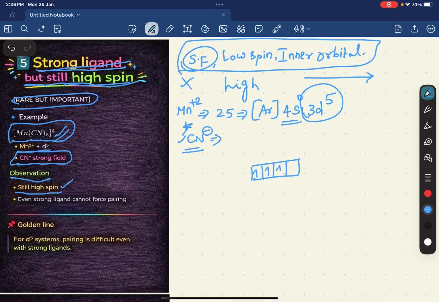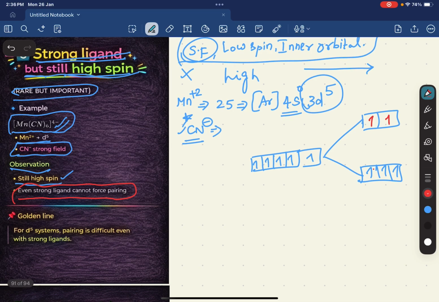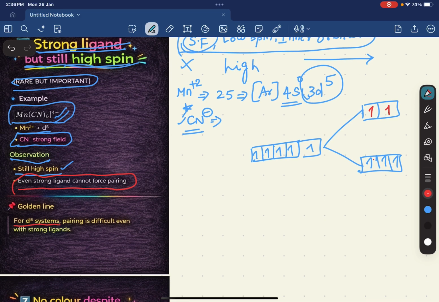So how do the 5 electrons go from the normal degenerate state after splitting? Coordination number 6, so t2g will be down and eg will be up. 1, 1, 1 electron will be filled, and since CN is strong field, we generally fill electrons like this, which is wrong. So the 2 electrons need to be filled like this. The reason behind that: even a strong field ligand cannot force pairing. For a d5 system, pairing is difficult even with strong field ligands.